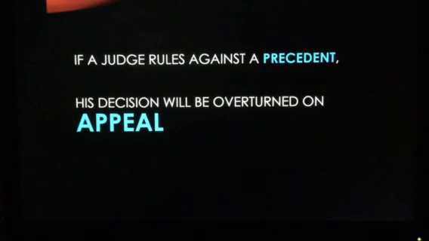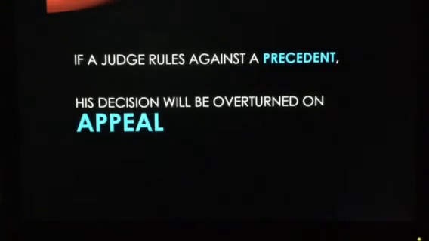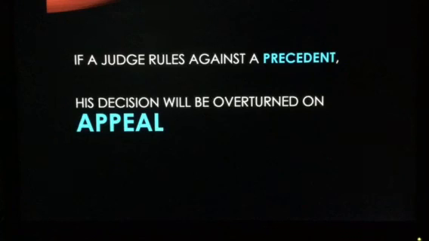If a judge does rule against a precedent that had been set previously, and the circumstances are similar, his decision would be overturned on appeal or review by a higher court, which we call an appellate court. More on our legal system, our court system, in later lessons. That concludes part 1 of our English heritage, lesson 7.